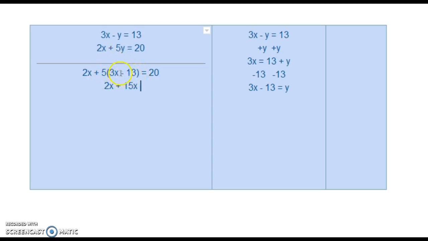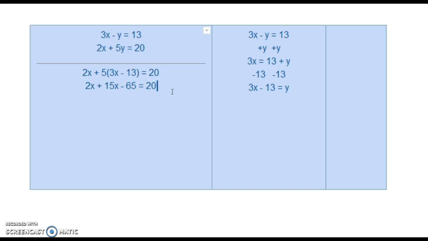Remember, the signs always stick to the number following them. So 5 times negative 13, that's going to get us negative 65. So we've now simplified this distribution piece, so we're going to go ahead and finish typing the rest of the equation. It all just carries down. So we have 2x plus 15x minus 65 equals 20.